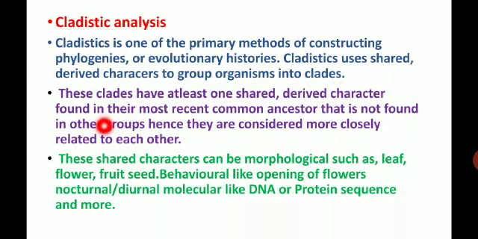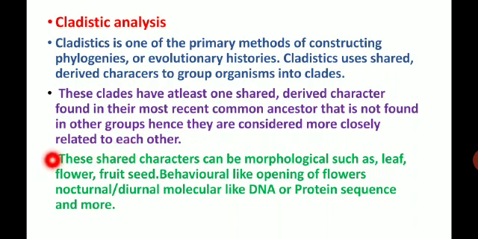The next one, characters of cladistic analysis. These clades have at least one shared derived character found in the most recent common ancestor that is not found in other groups. Hence, they are considered more closely related to each other.